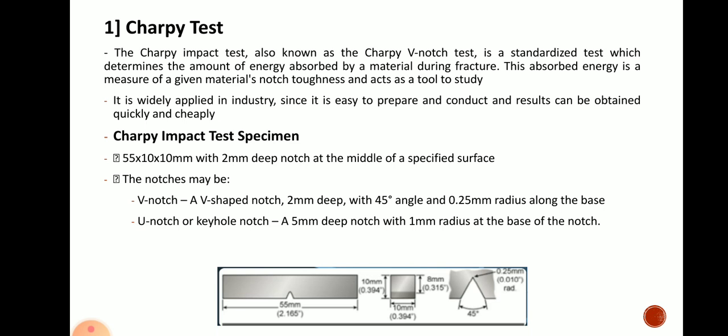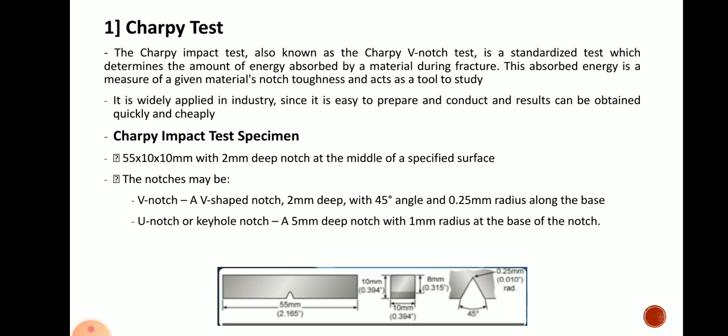In the Charpy test, the standard test specimen is prepared with the sizes as shown in the figure. A 55 mm by 10 mm by 10 mm test specimen is taken. Any kind of material with a 55 mm length and a cross sectional area of 10 mm by 10 mm is taken, and one notch is prepared exactly at the middle of the specimen, 2 mm deep with a 45-degree angle.